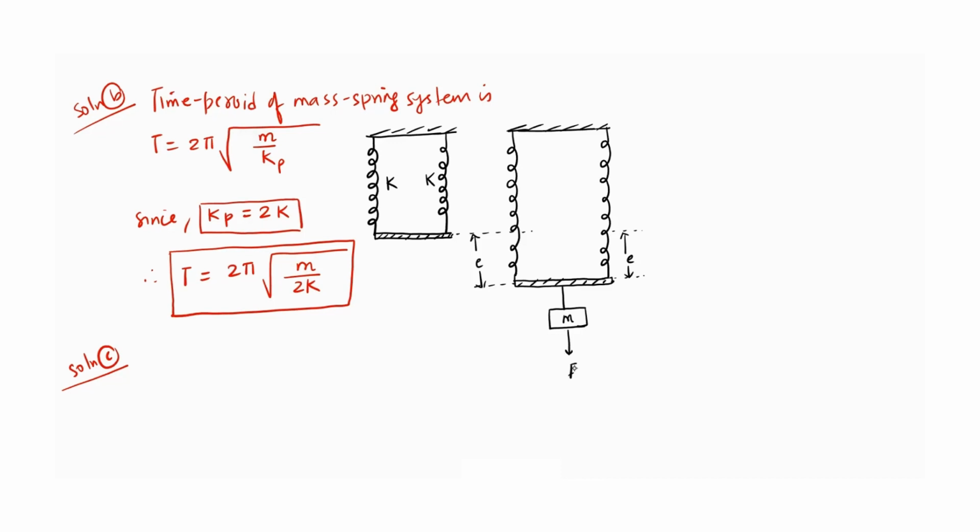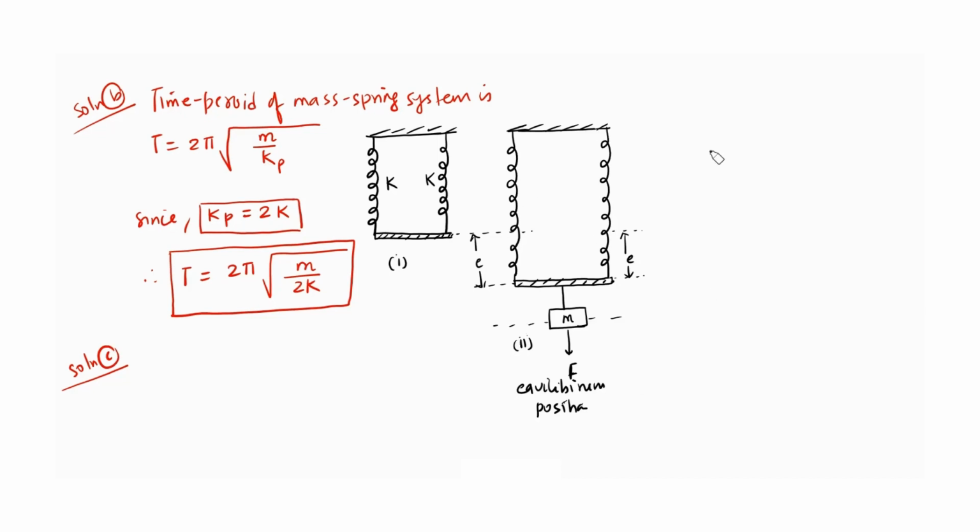Now what do you find? After the extension E, the system, that is mass spring system, will be in equilibrium. So the second figure represents the equilibrium position for this combination.